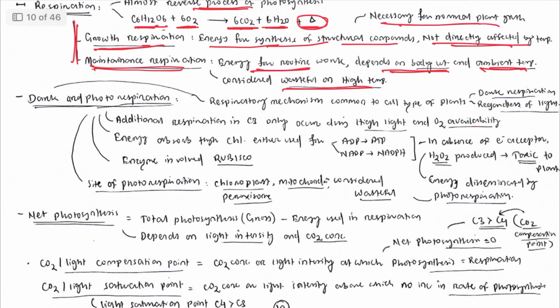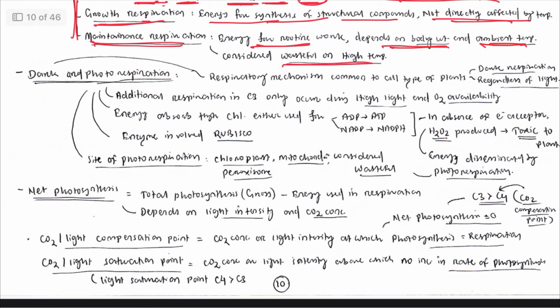Now one term is called dark respiration. What is that? That is the respiratory mechanism common to all types of plants, regardless of light, as the name suggests. It is an additional respiration, basically in C3 plants, occurring during high light and oxygen availability.